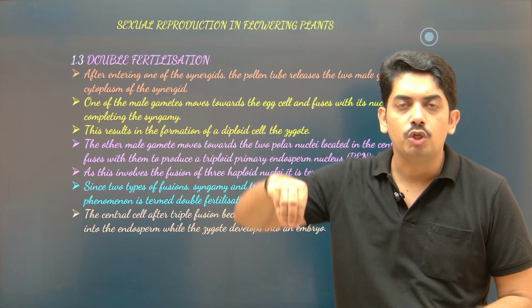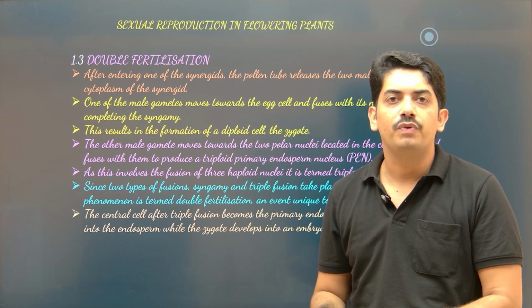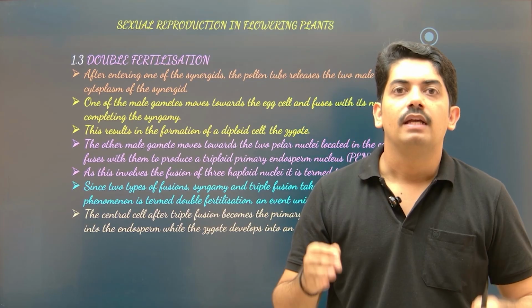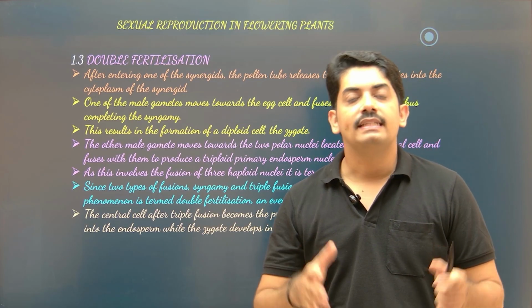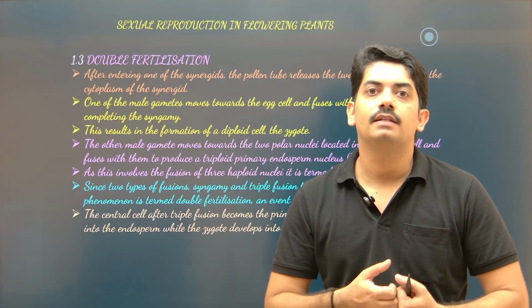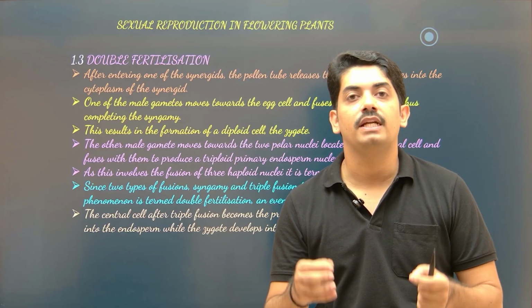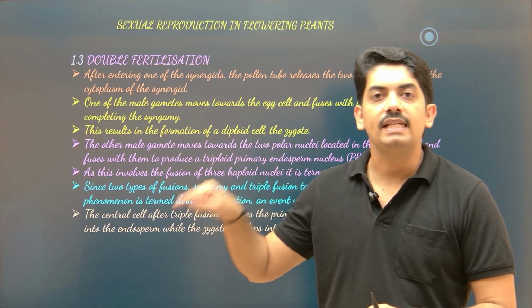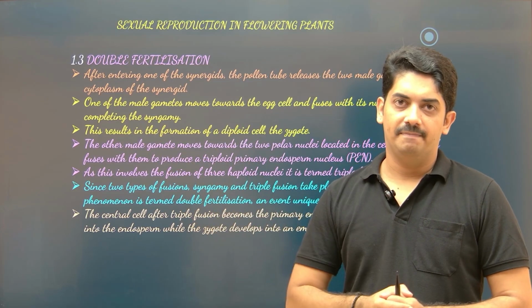Many pollen tubes reach the different ovules and release the male gametes in the micropylar region, and these male gametes are directed by the filiform apparatus present on the synergids, which guides them to reach the egg and polar nuclei.